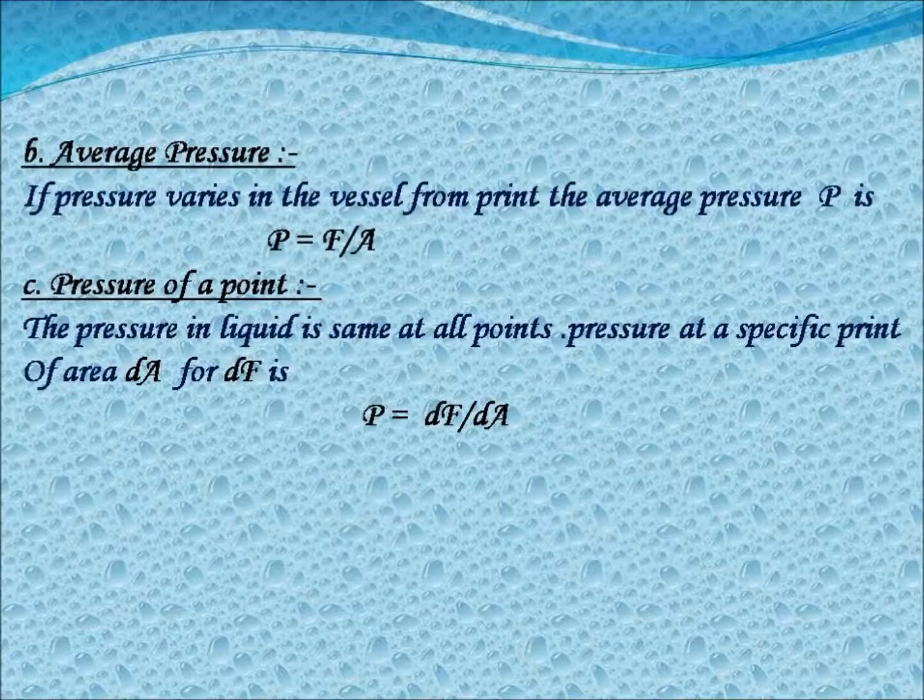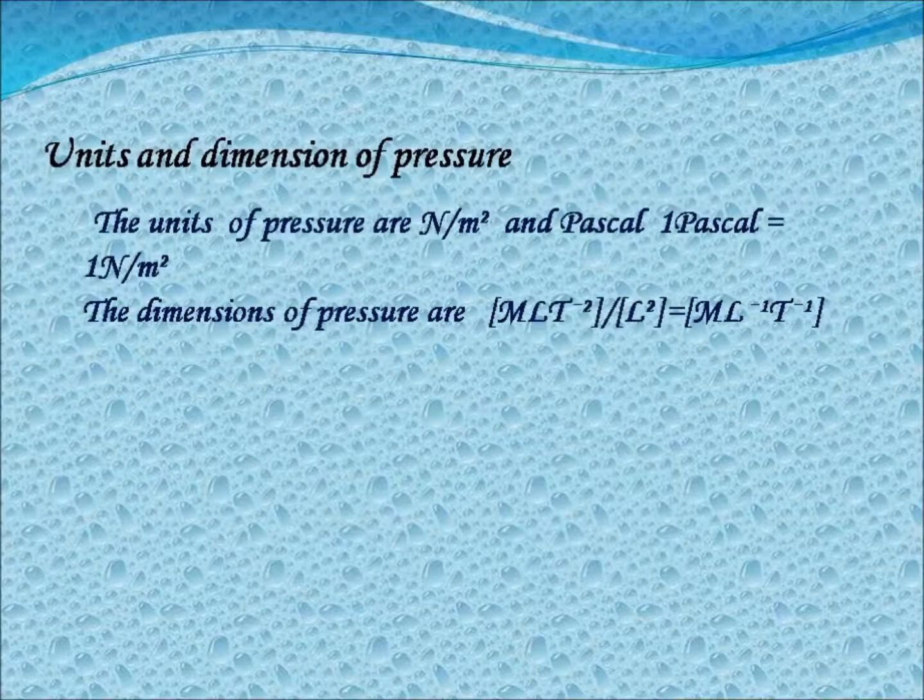And pressure at a point is given by the following expression in which we take into account the small force acting at a small area. The pressure in a liquid is not same at all points.